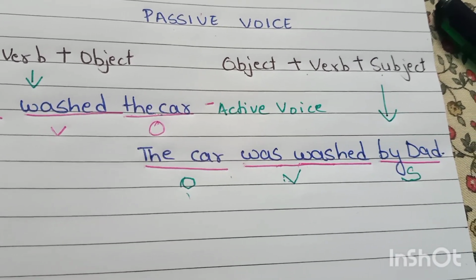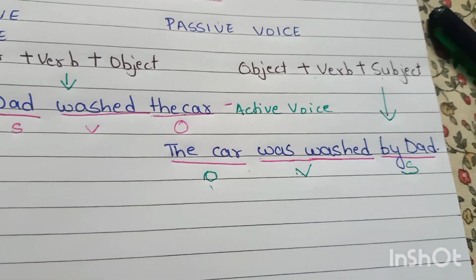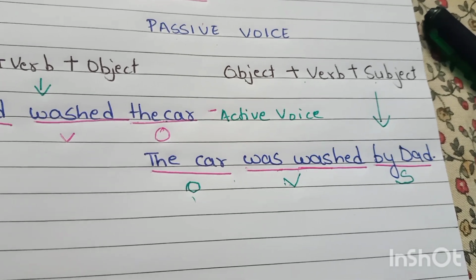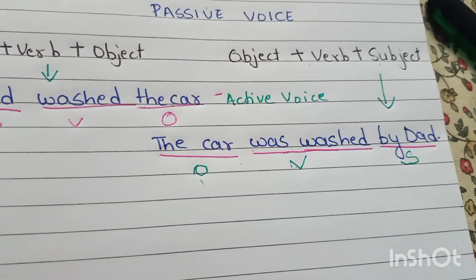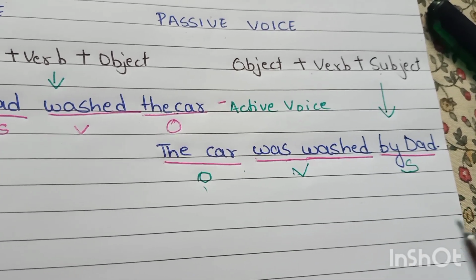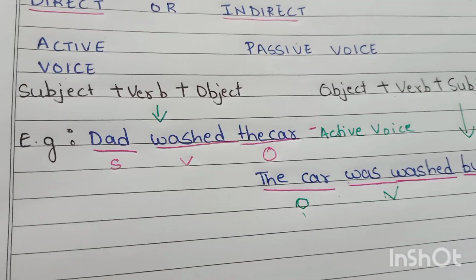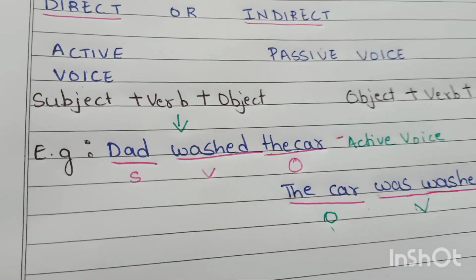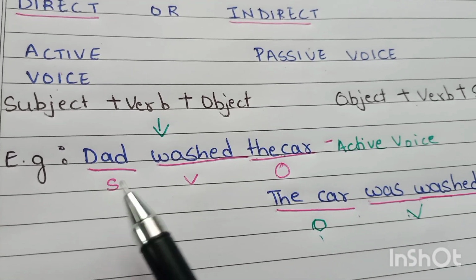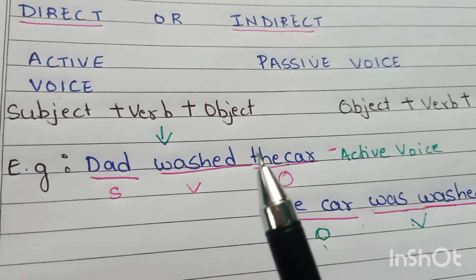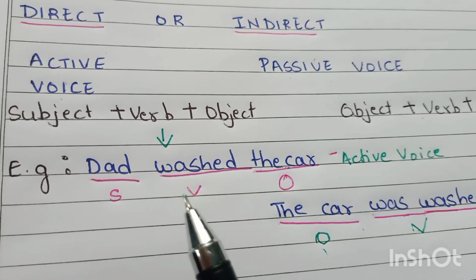Okay, so look at the structure. Did you get it? So I have written OVS. So it's just short form. O stands for object, V stands for verb, and S stands for subject. Okay, and it is very, very easy to identify because in an active voice sentence, we will just have subject, verb, object. There is no place for a helping verb.